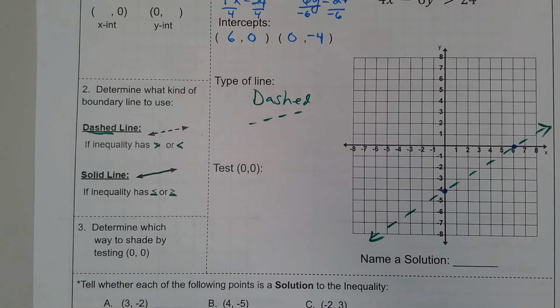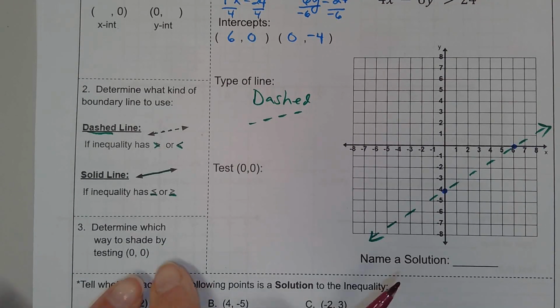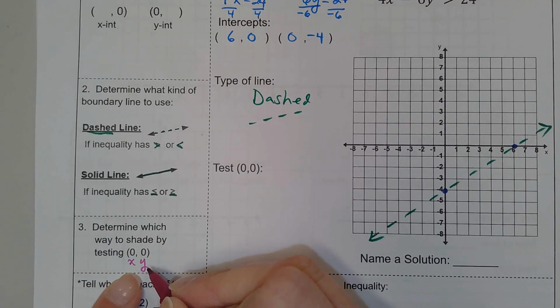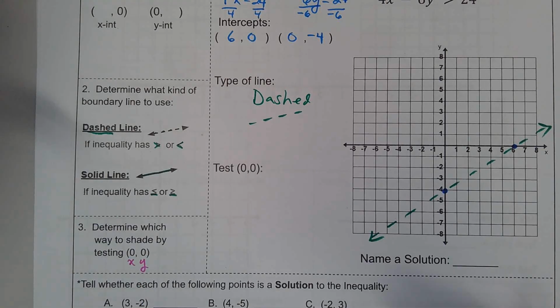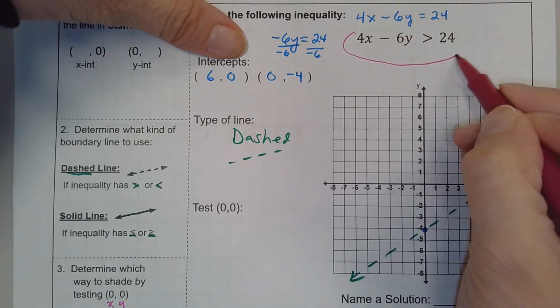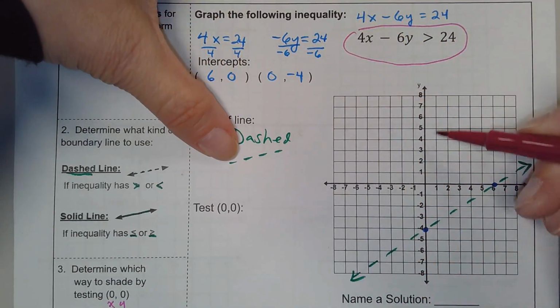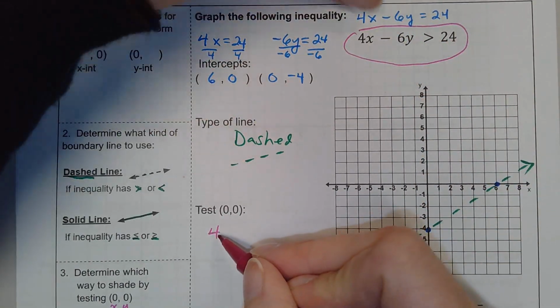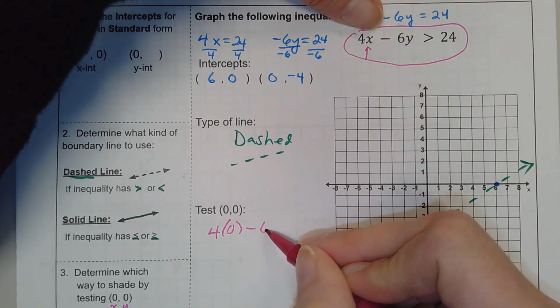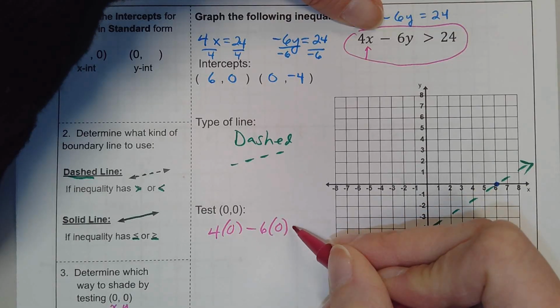I will do that by testing the point (0, 0). I will plug in the numbers 0 for x and 0 for y. In my inequality, we're going to use the inequality now because I have to know which way to shade. 4 times 0 minus 6 times 0.